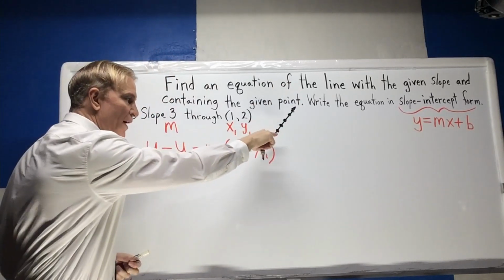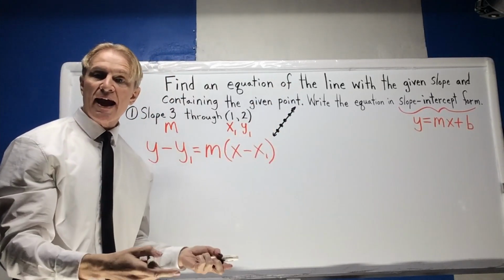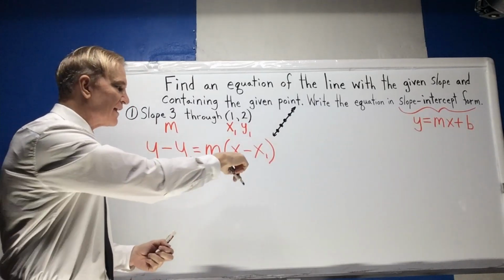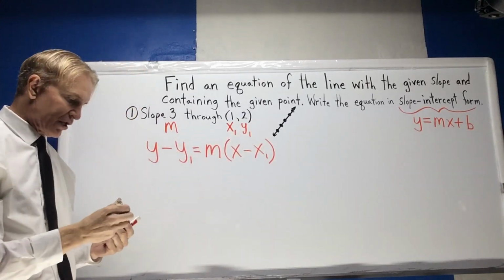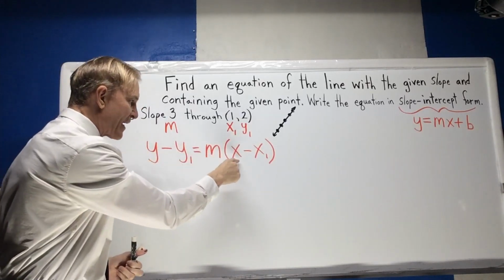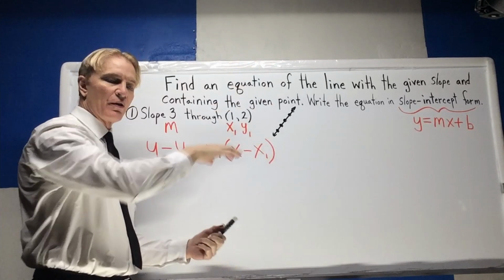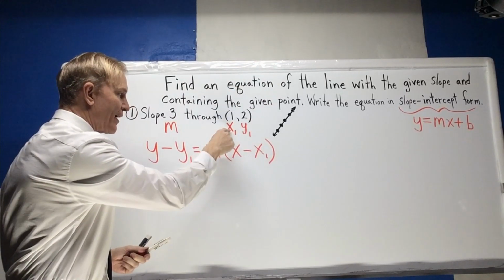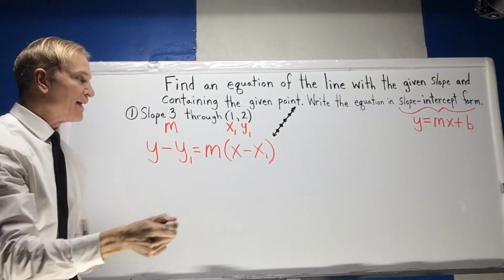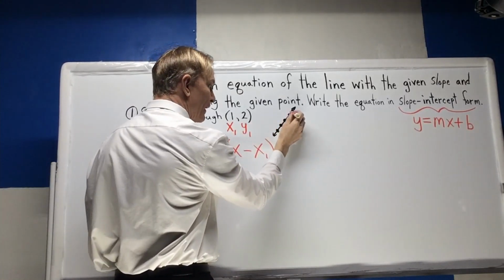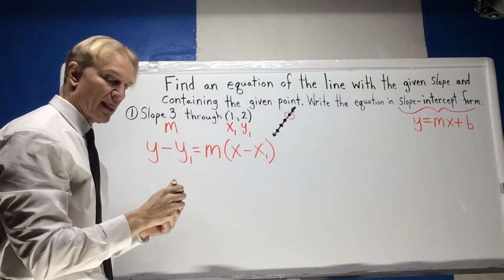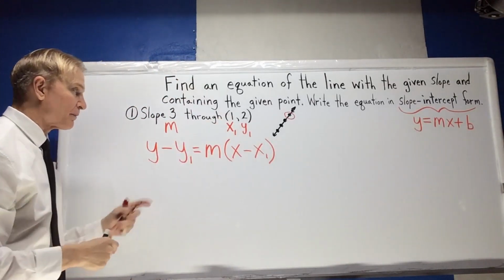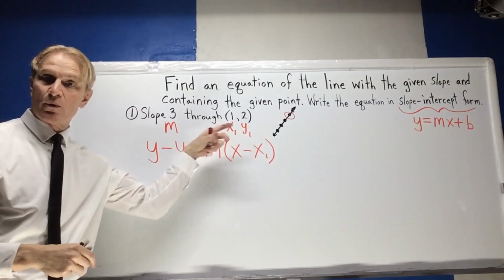So each of these points have an x and a y to them. So these are the general y's, and these are the general x's. So that y and that x here are representing all the points. Now, this y sub 1 and x sub 1, or x sub 1, y sub 1, is a particular point on our line. Okay, so now we know that these are the particular points. That's why I labeled it x sub 1, y sub 1.